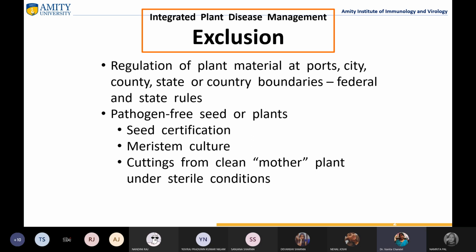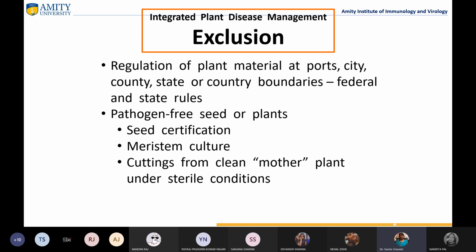Then meristem culture. We know plants generated through meristem tip culture are free from the pathogen. And then cuttings from clean mother plants. This is for the vegetatively propagated plants. Some plants are grown from cuttings, right? We take stalks, take cuttings from them, and we can grow directly. Tubers are a similar case.